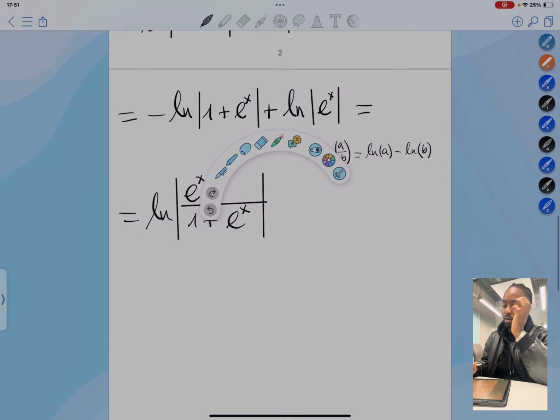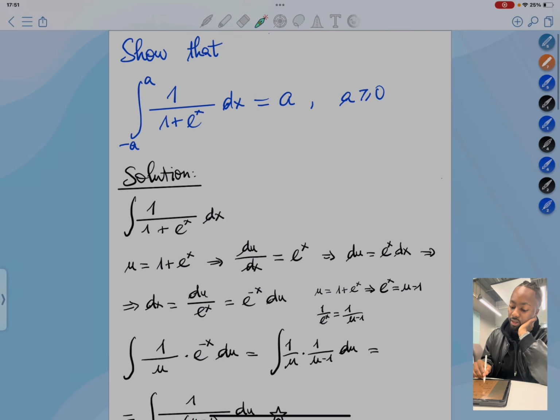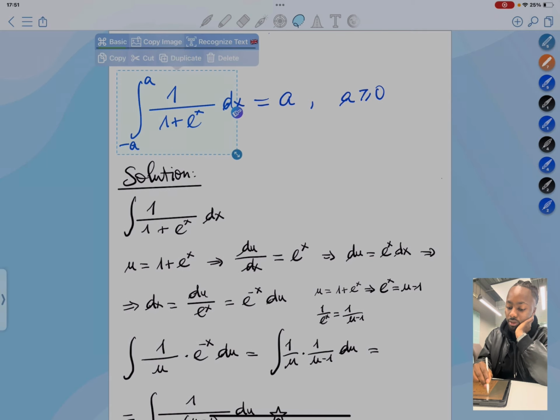As we can see, this was the indefinite integral, but we need to use the definite integral from minus a to a, right? So we need to come back to our previous exercise, which was this.